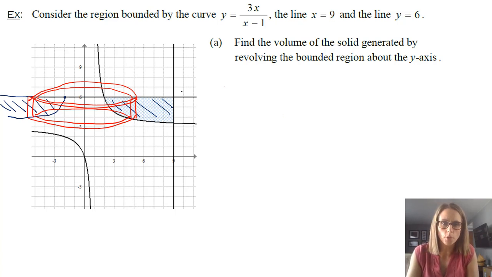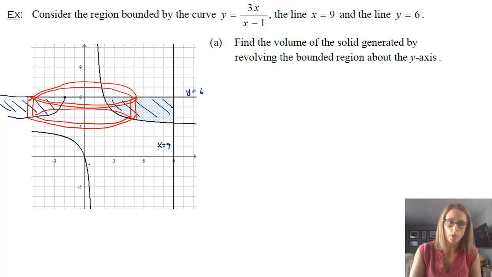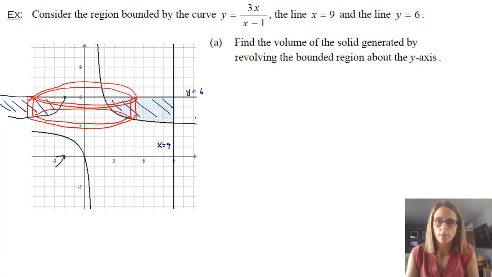We see pretty straightforward that we have x equals 9. Here we have y equals 6. And then you can see that we also have this curved function, which is also down here, but we're not using that part. And that is y equals 3x over x minus 1.